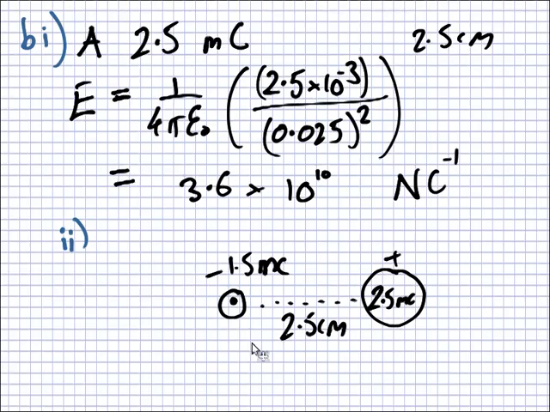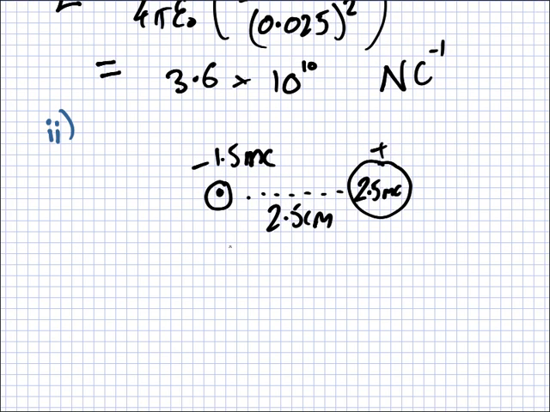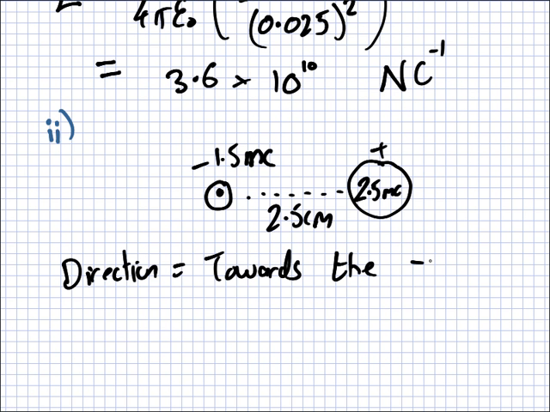Let's do the direction first. The direction is obvious because they're negative and positive. It's towards the positive. Obviously, it's an attraction, because that's negative and that's positive.